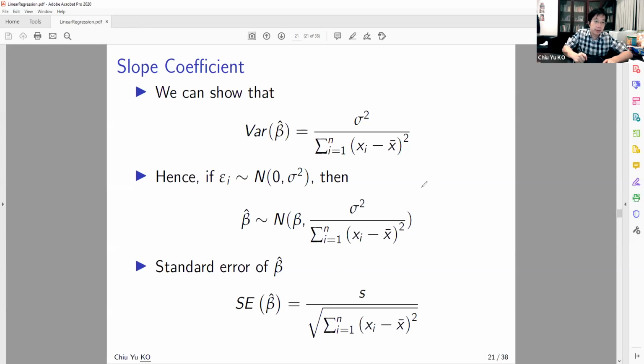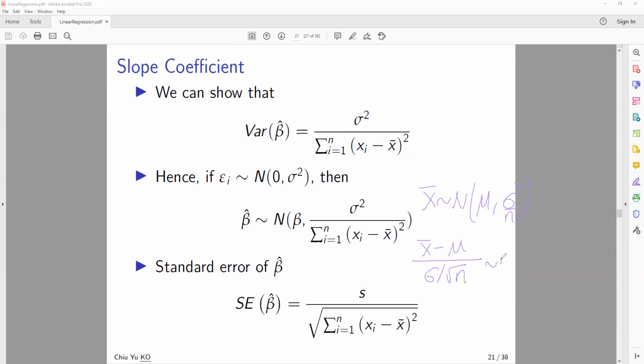Suppose X bar is normal with mu and sigma square. In that case, with small n, usually what you would do is this minus mu over sigma over root n, and it will be normal.